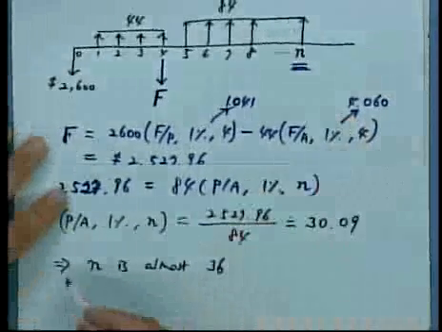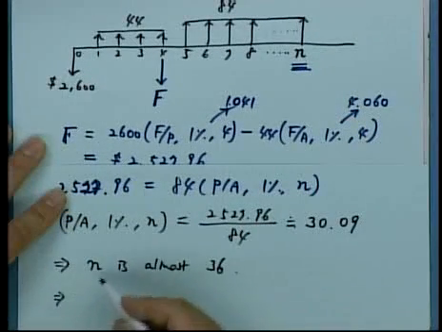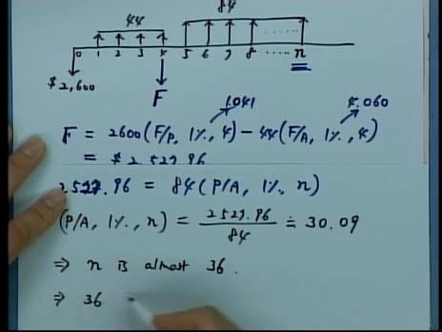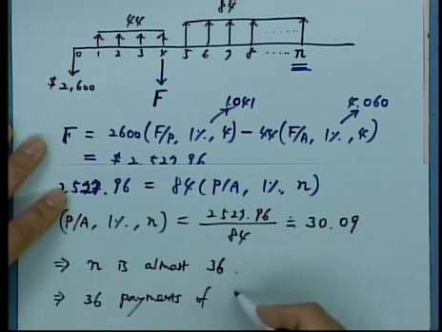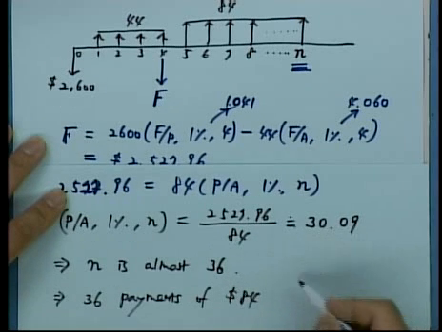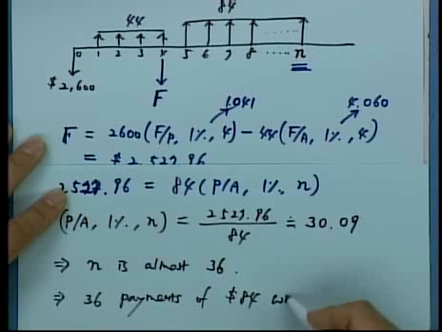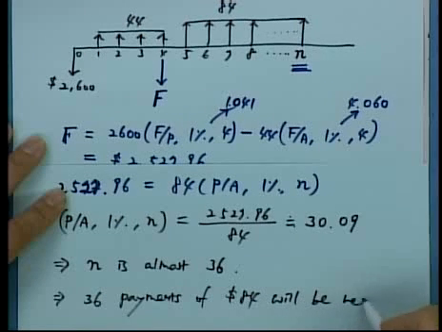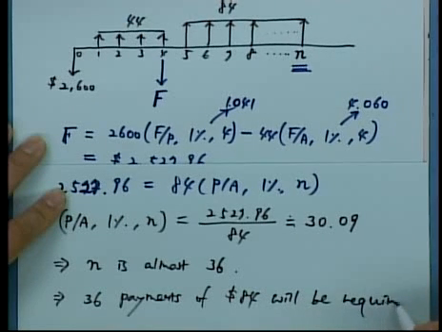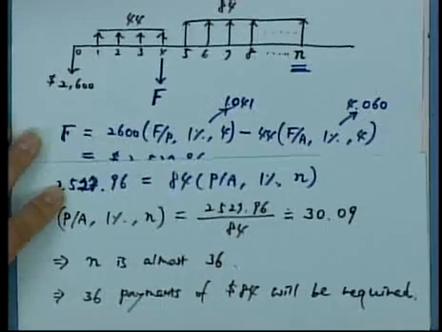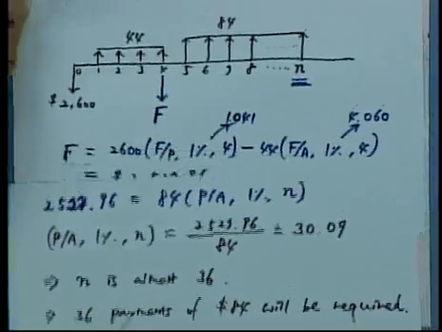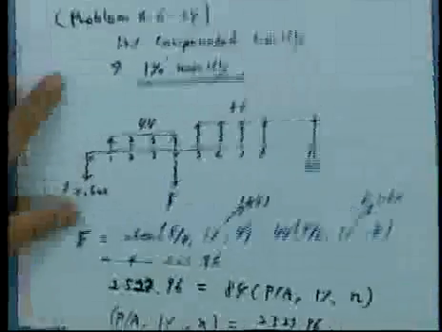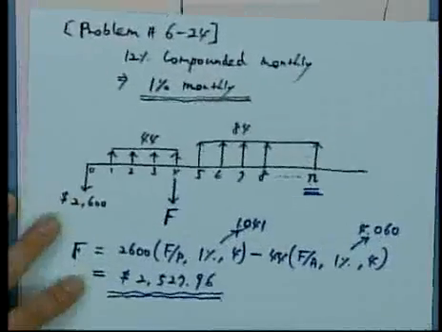So we can say that 36 payments of $84 will be required. Okay? So this is the answer for problem number 6-24.